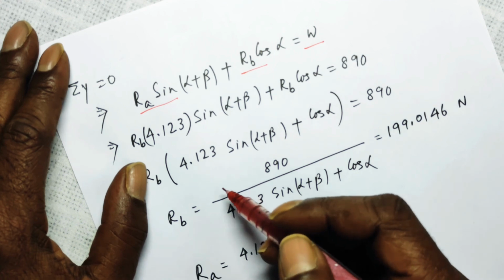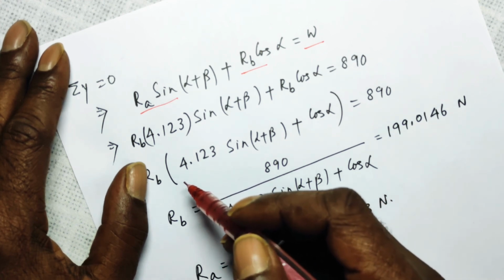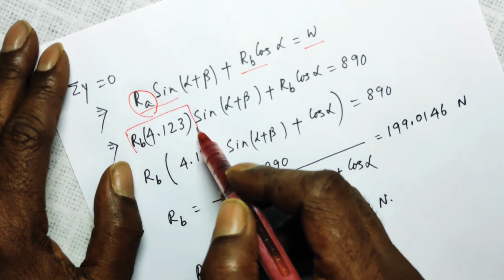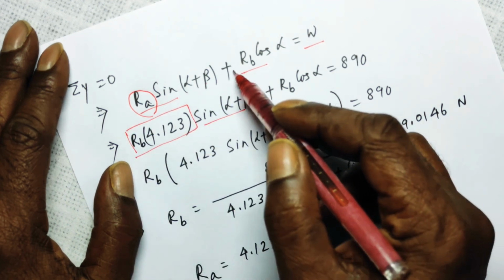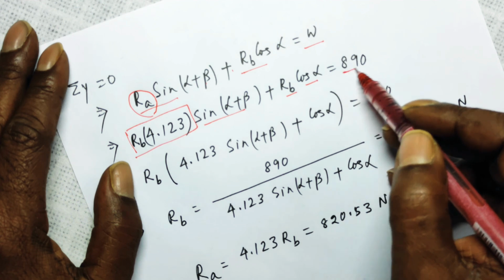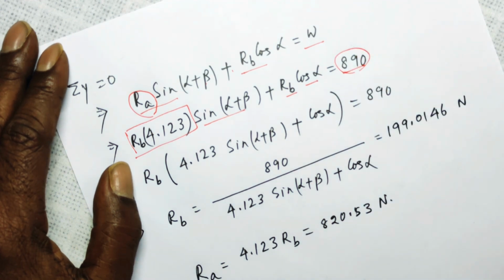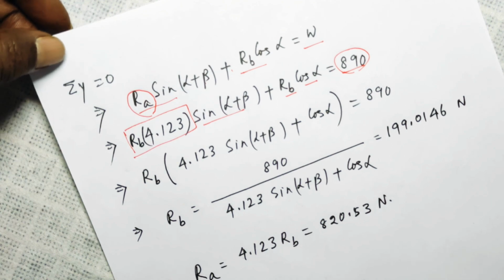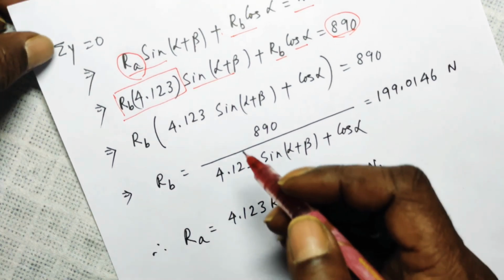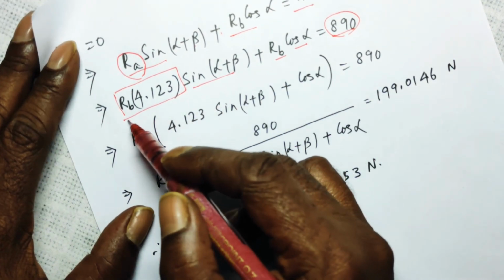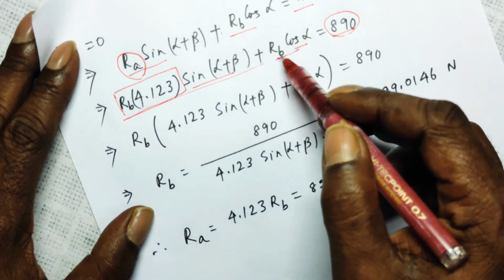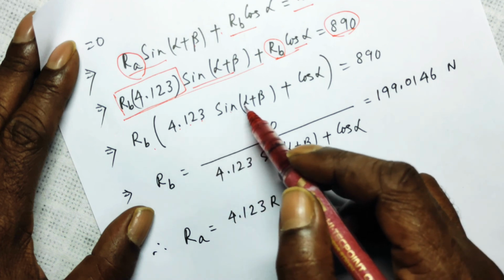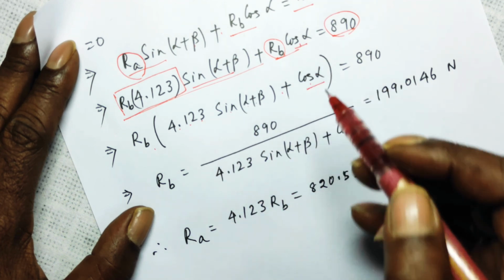So this plus this is equal to W. Now, RA we just calculated. That was this much, sine alpha plus beta, plus RB cos alpha is 890 Newton, the total weight. That is the weight of the man and the ladder, vertically downward, put together. So if you take RB common, we are left with 4.123 sine alpha plus beta plus cos alpha.